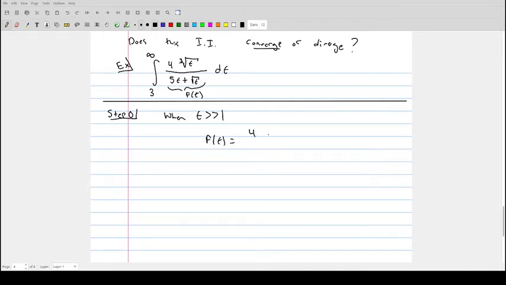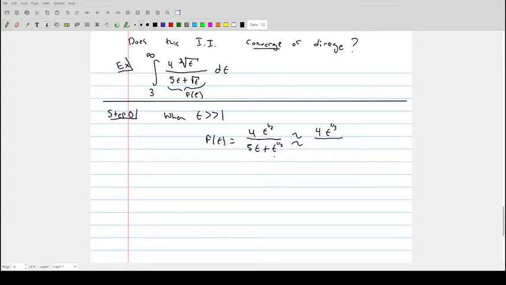the function f of t, which is 4 times t to the 1/3 over 5t plus t to the 1/2, is approximately equal to 4 t to the 1/3 over the faster growing function in the denominator. So 5t grows at a much faster rate than the square root of t.